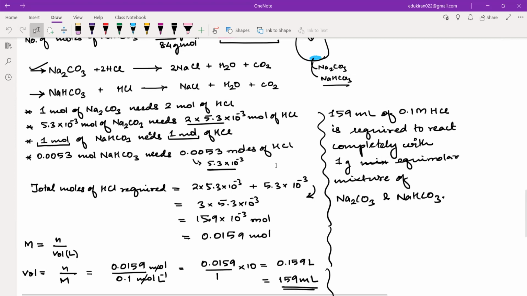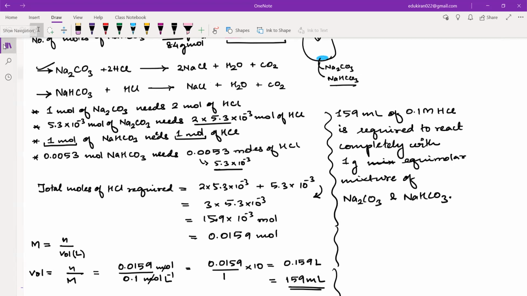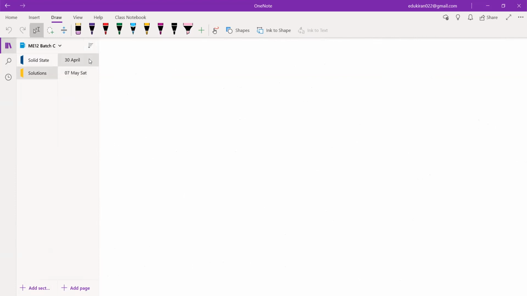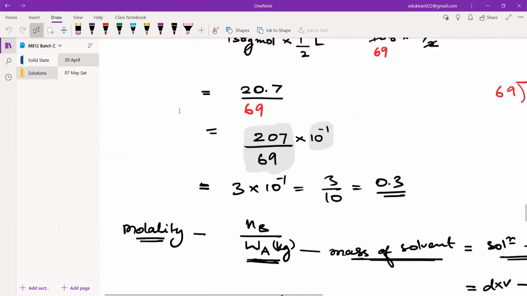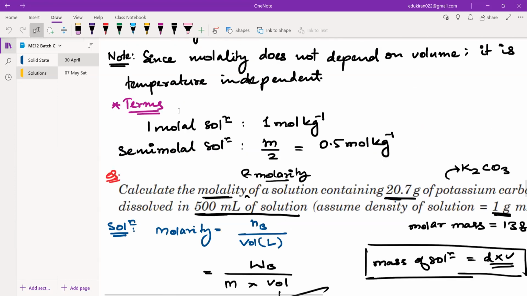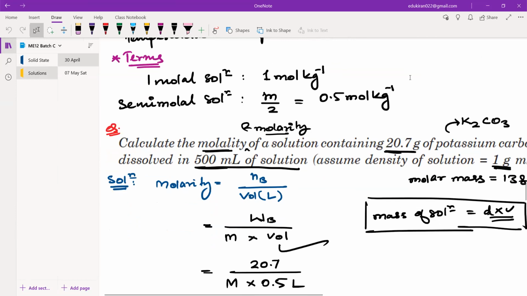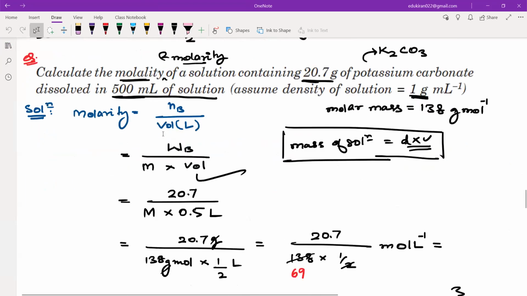Okay, wait. Last class आपने क्या पढ़ा था ये बताइए आप. What did you learn last class? We stopped it at mole fraction. Mole fraction, right? Yeah. This question, right? Yeah. Okay.